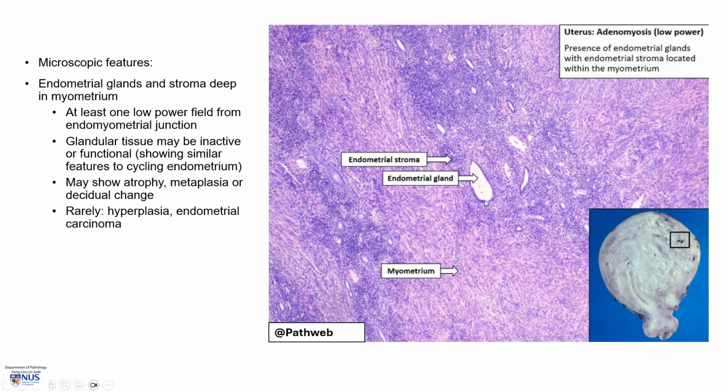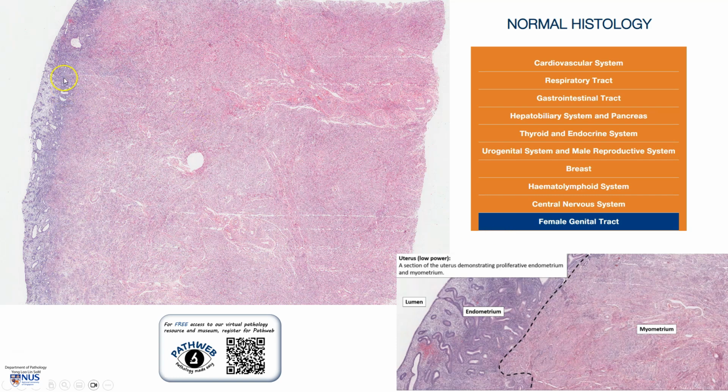There may also be atrophy, metaplasia, and even decidual change within the endometrial stroma. Rarely, the endometrial glands in these foci can undergo hyperplasia or even endometrial carcinoma, but this is an extremely rare occurrence.